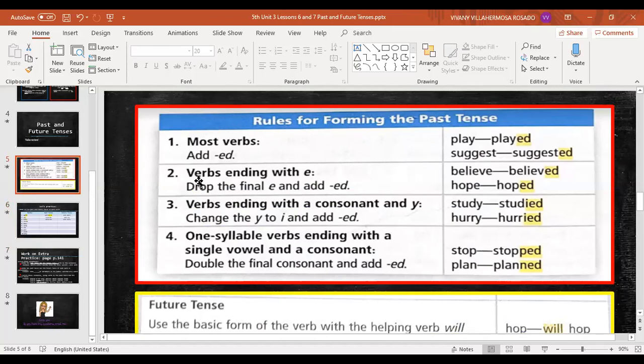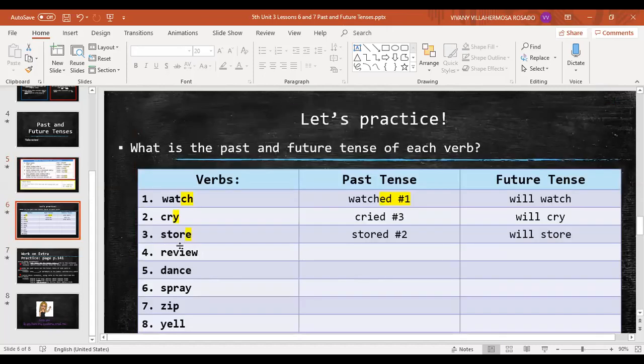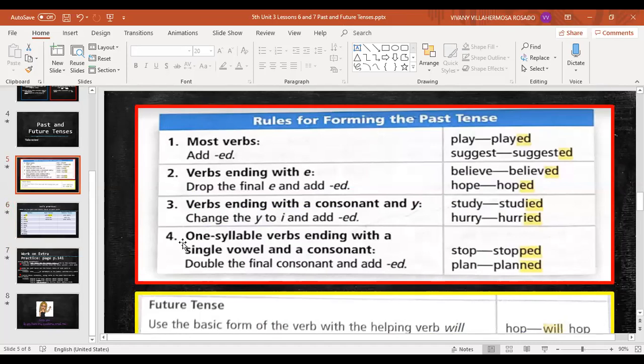So we're going to look to see if rule number 2 would be a rule that we can use for review. But this rule is specifically for verbs ending with E. So I eliminate it because I know for sure that I cannot use it. So I go to rule number 3. And it talks about verbs ending with a consonant and Y. And when you look at the word review, review does not end with a consonant and Y. So I eliminate rule number 3 as well because I know that I cannot use it. And then I go to rule number 4.